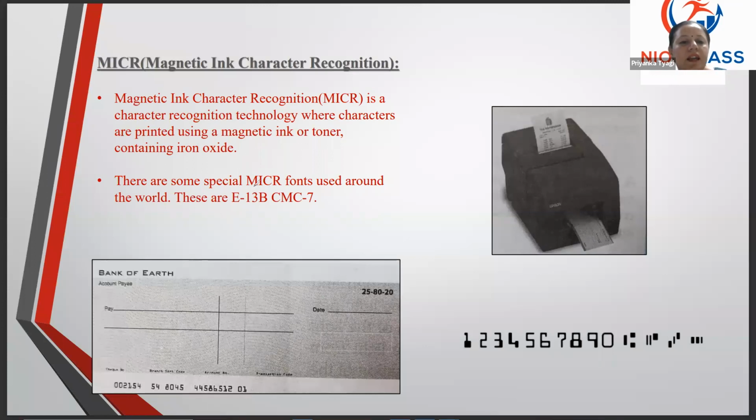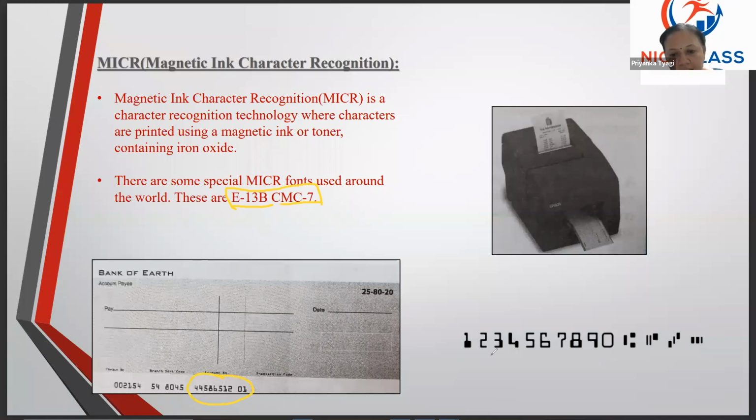You can see here these are the MICR fonts, like E13B and CMC7, right? So this is the library of these kinds of characters, which you can see on the check.